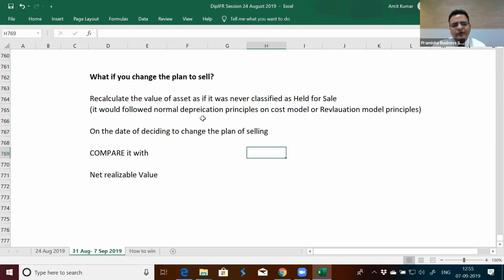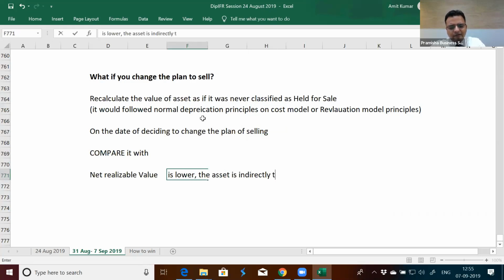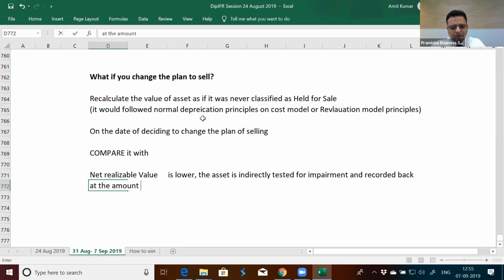But if net realizable value is lower, the asset is indirectly tested for impairment and recorded back at the amount which is true and fair.